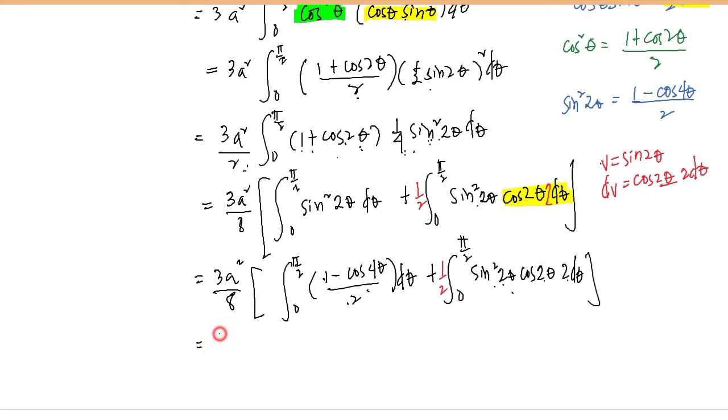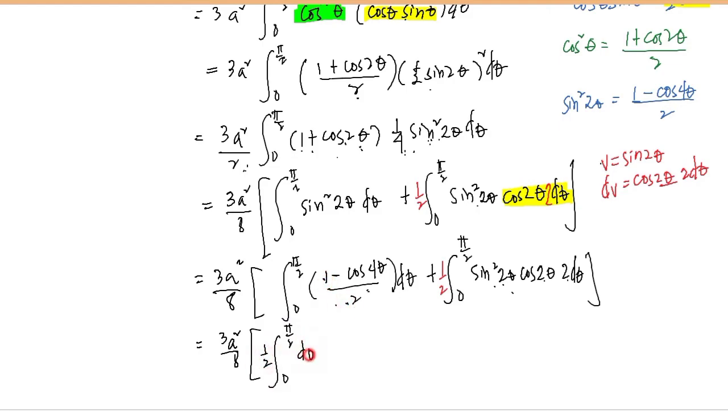So we have here 3a squared over 8. Let us expand this. So we have here the integral from 0 to pi over 2, and this 1/2 here we factor out.